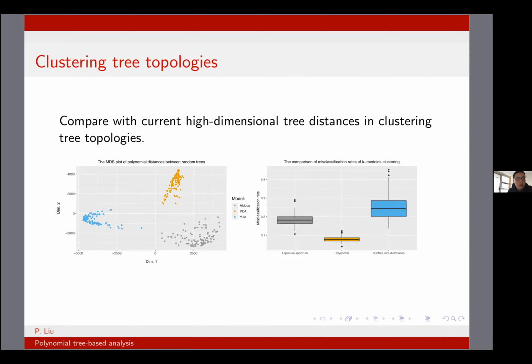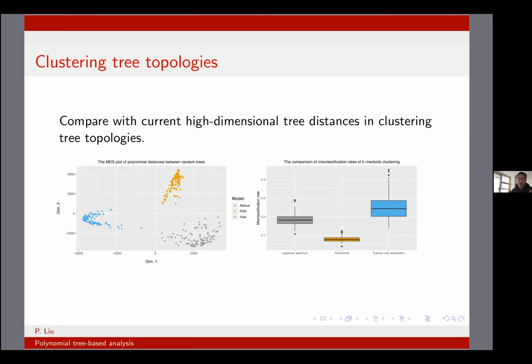But before that, we generated 3 sets of random trees. On the left plot here, each dot represents a tree, and each tree is generated by a different tree generator. We have Aldous, PDA, and Yule. Those are 3 different tree generators, and we know they generate different tree shapes. We generated 300 trees, 100 for each model, computed their polynomials, and then their pairwise polynomial distances.